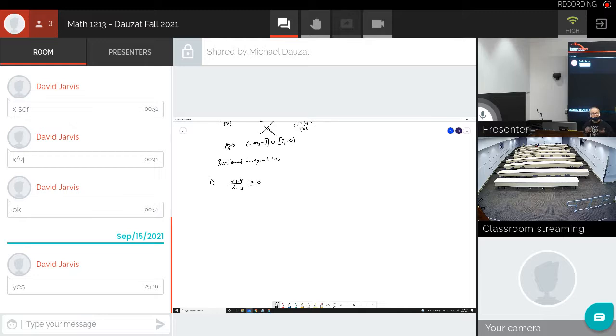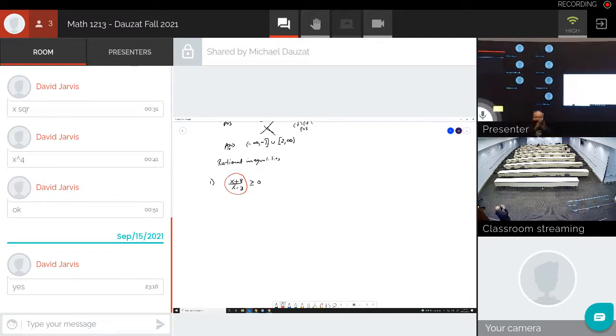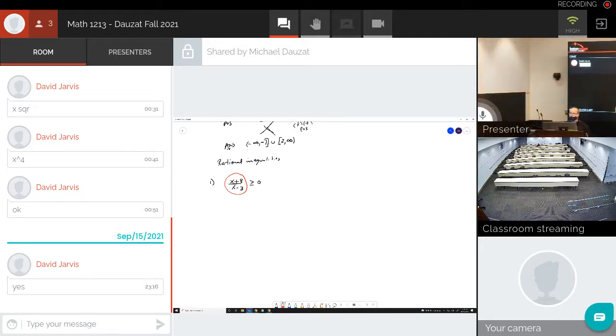So when I say they're easy, what I mean is that the expression on the left-hand side is a fraction, just one fraction. You don't see any other fractions involved. It's just one fraction.